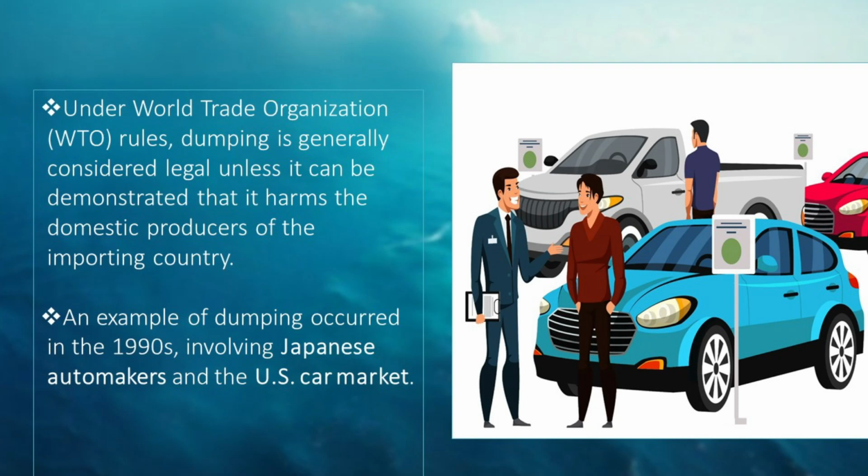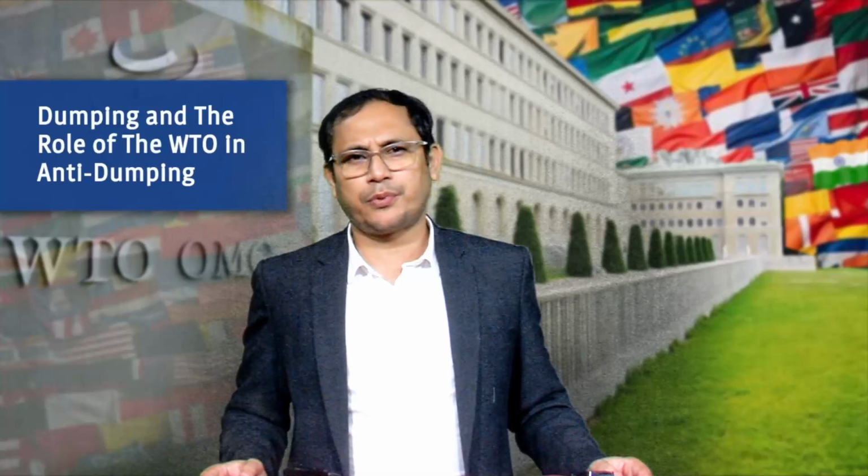An example of dumping occurred in the 1990s involving Japanese automakers and the US car market. During this period, Japanese car manufacturers such as Toyota and Honda were able to export cars to the US at prices significantly lower than the cost of production in Japan.